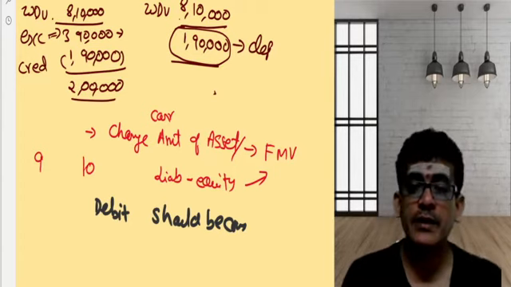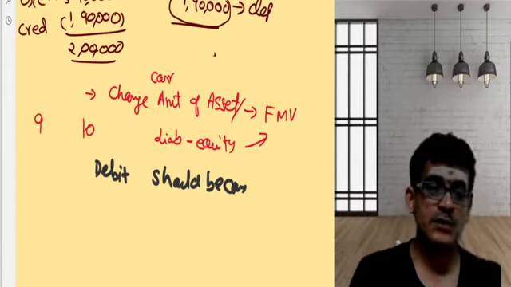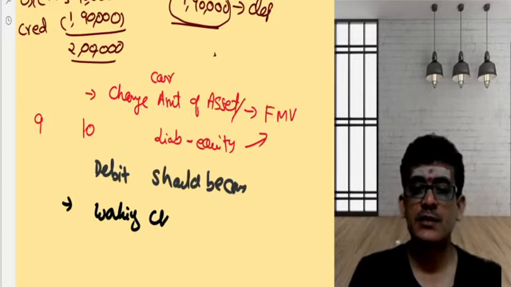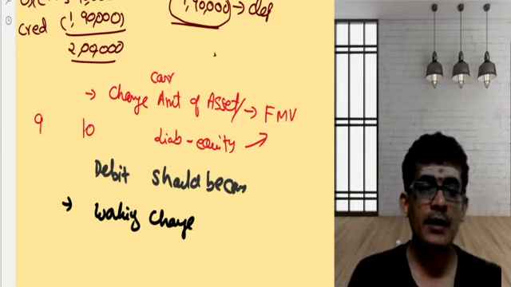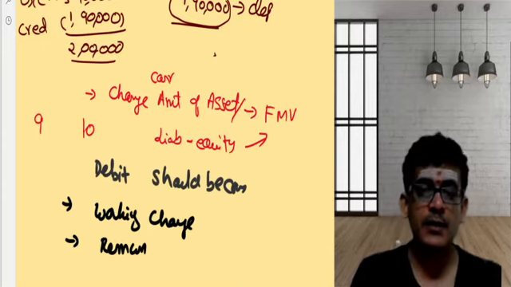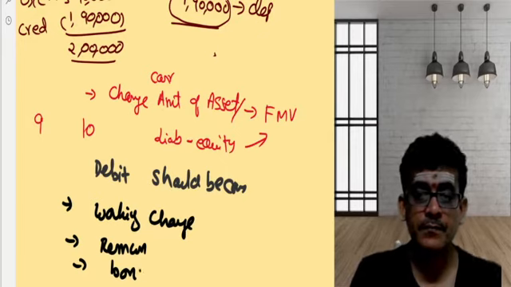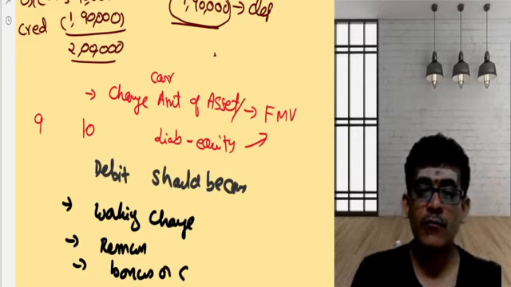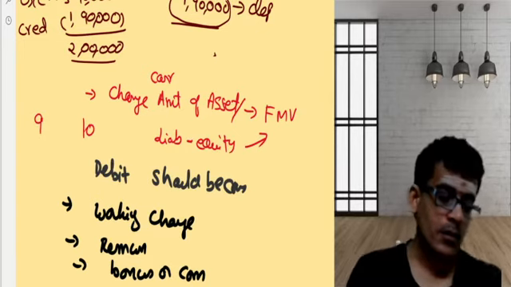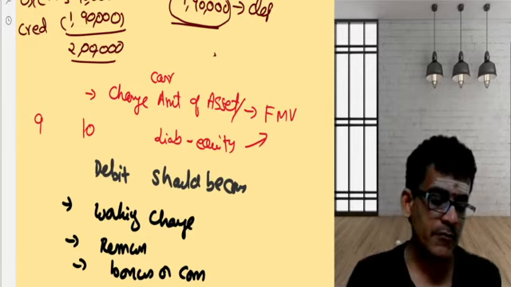Now what sort of debit should be considered? Let us see. The following debits should be considered. Any sort of working charges: to run the company you are incurring some working charges, that can be considered. You can consider the director's remuneration. You can also consider whatever bonus or commission you are going to pay to any member or technician, whether he is whole time or on part time basis, any sort of bonus or commission paid to the staff can be considered.